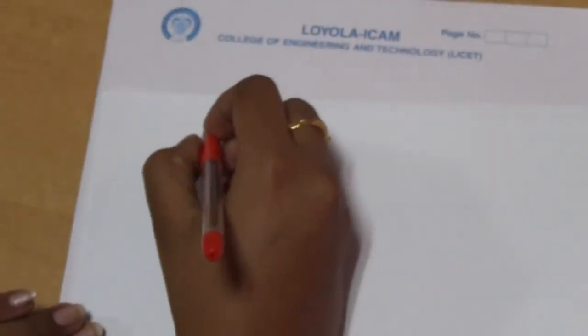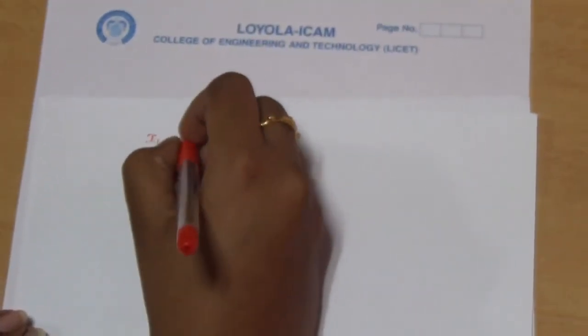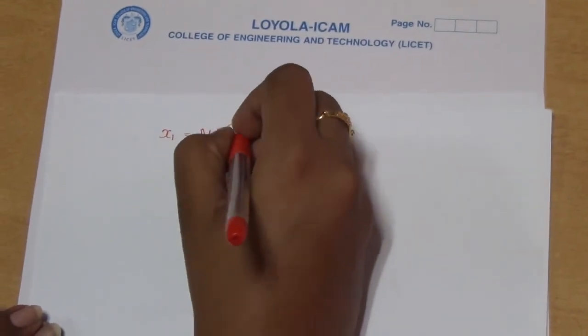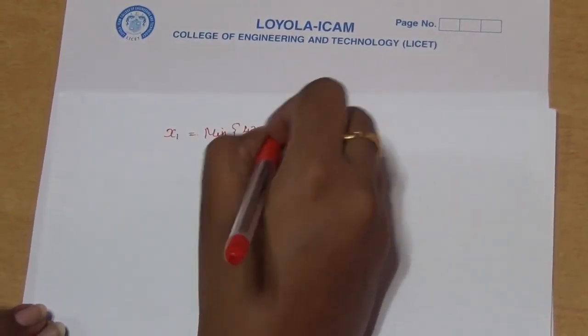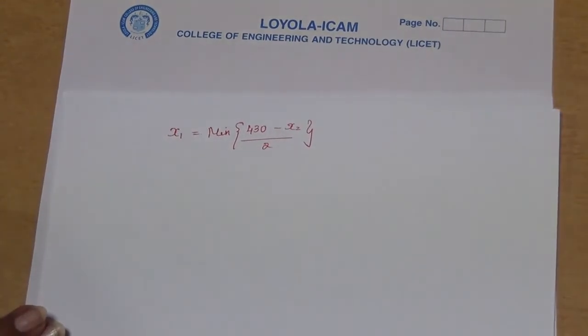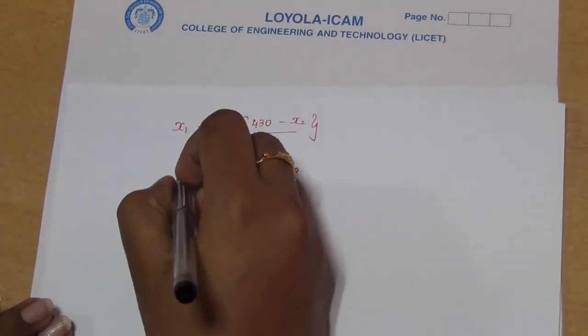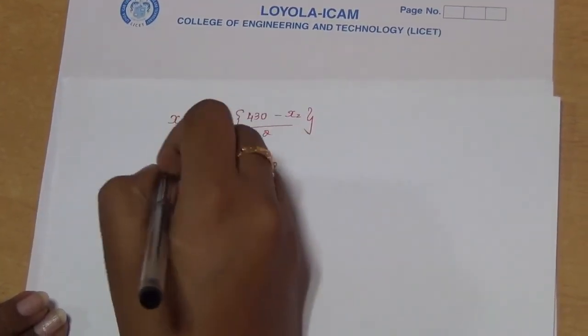Using the x2 value, we can determine the x1 value. From the first stage, x1 will be the minimum of 430 minus x2 by 2. Substituting the x2 value results in x1 equal to 100.